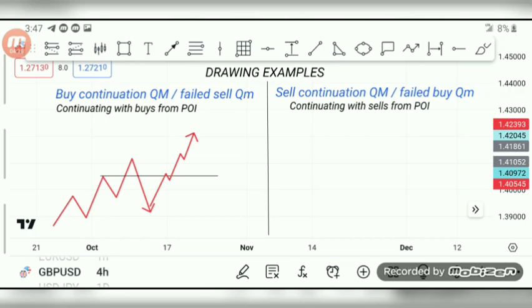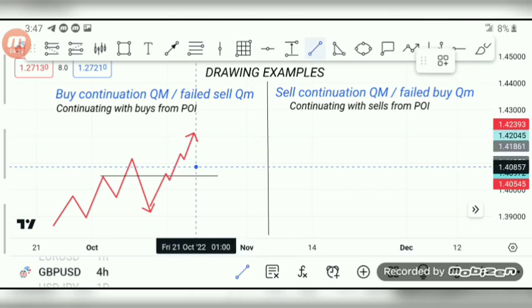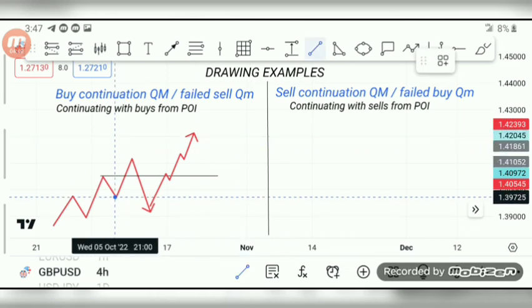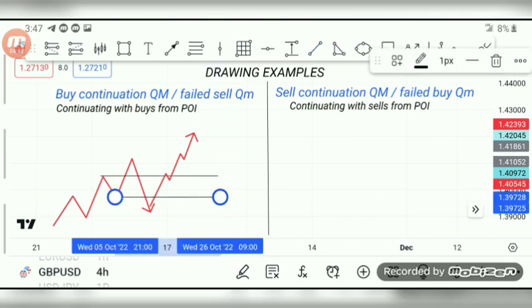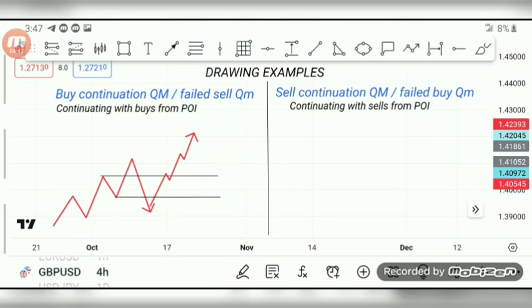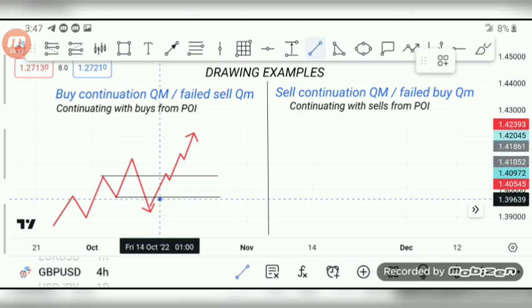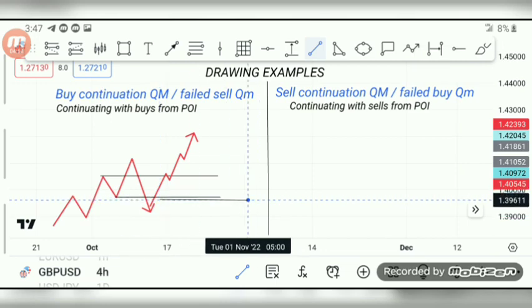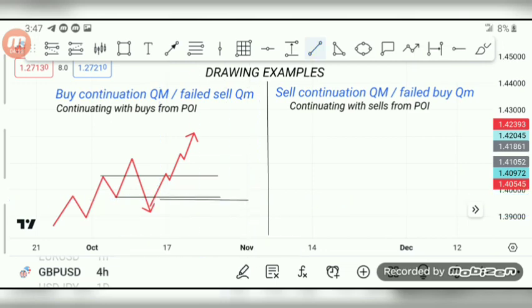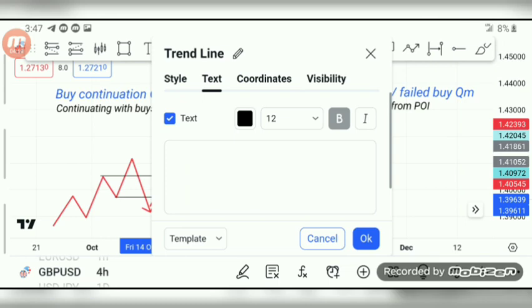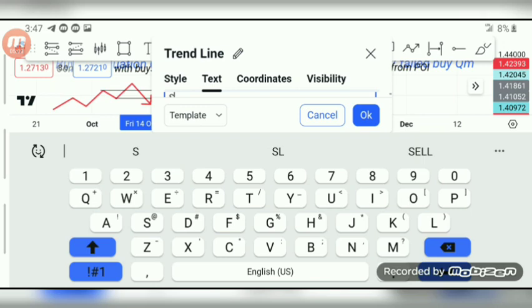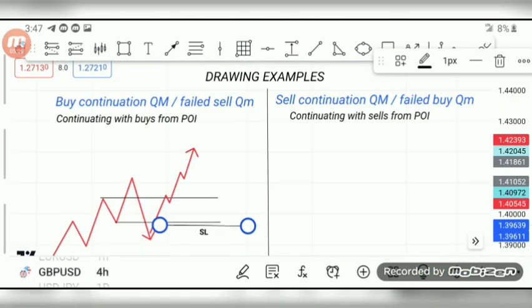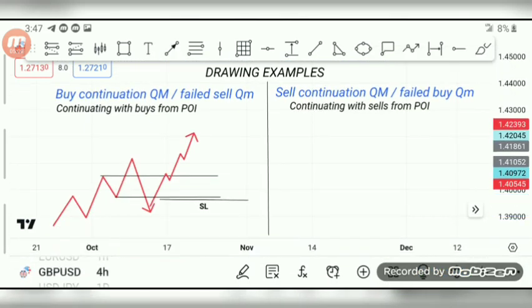After marking that, we shall just come here and mark this lower low as well, because we're going to be looking at putting our stop loss somewhere around there. So we shall have our new stop loss just below there.